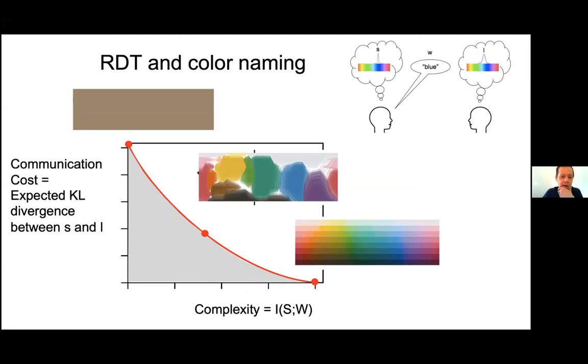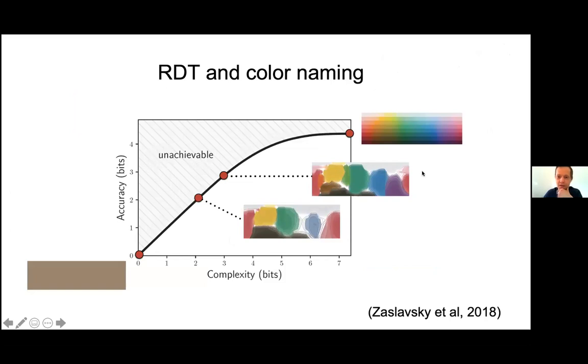Okay, so in a few slides, I'm going to show you results where we actually analyze real color naming systems in terms of this framework, but there's a little niggling detail I need to mention first, which is that I'm going to take these plots from a paper by Noga Zaslavsky, and she has, unfortunately for us, flipped the y-axis.